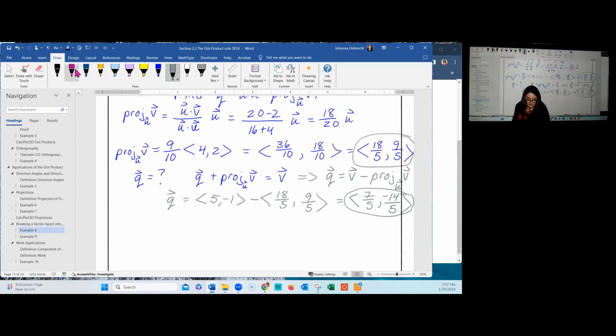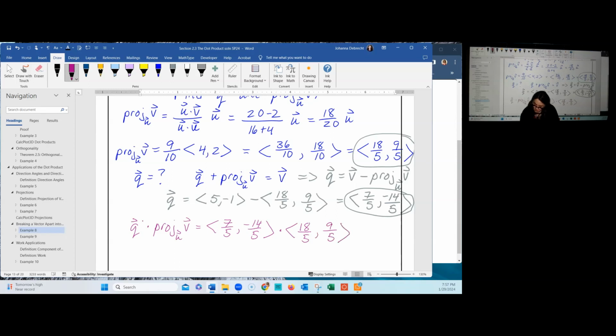So in our last step, we're going to take Q dotted with the projection of V onto U and see if we get 0. So Q is 7/5, -14/5, dotted with 18/5, 9/5.